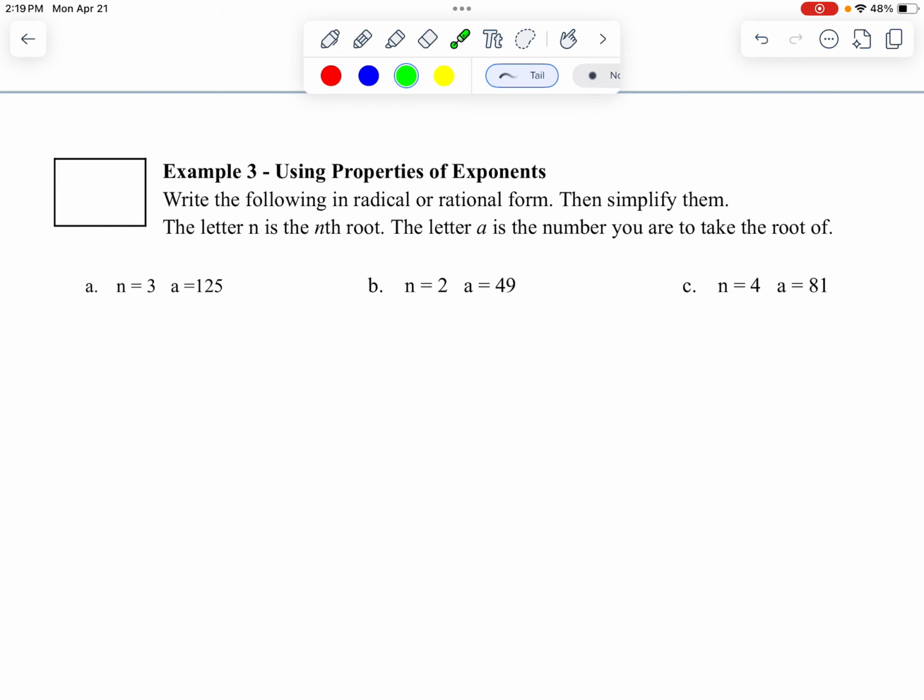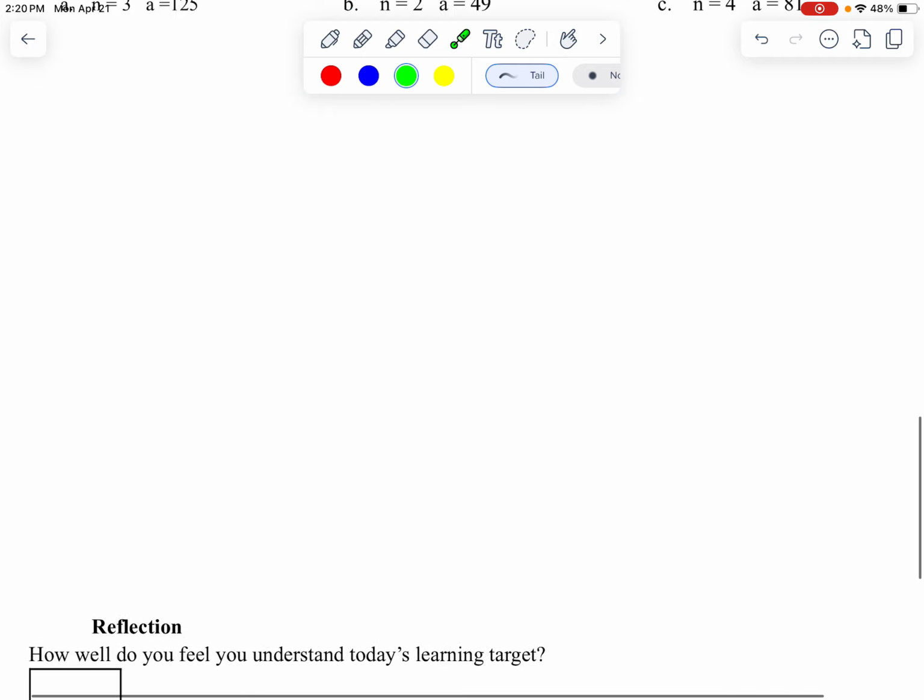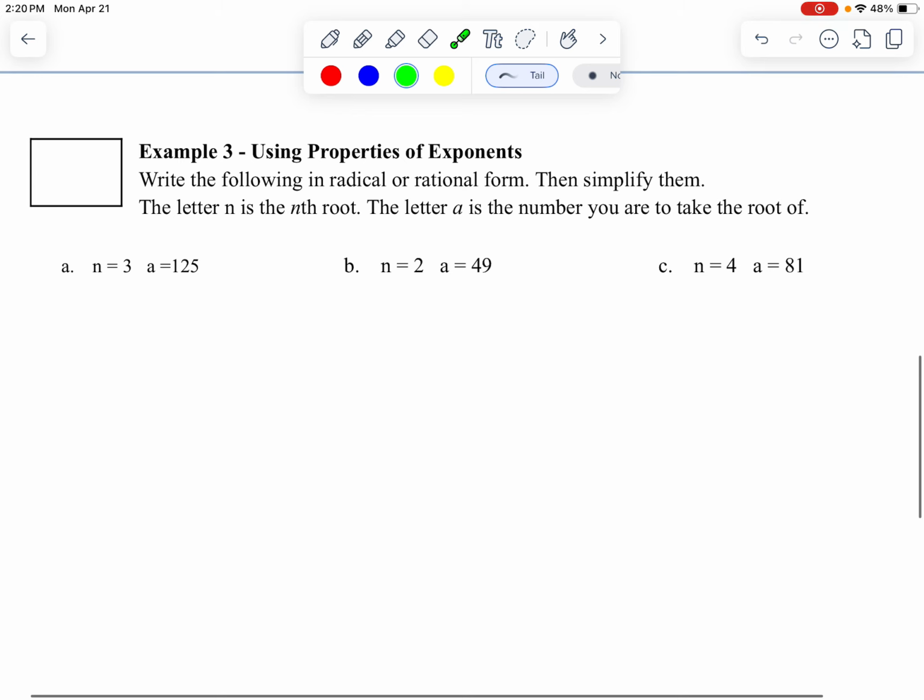So from that perspective, I think the rational form might be a little bit easier, since you actually need to do it and punch it into a calculator and get an answer, but you can do this either way, and I'll write them in both directions. But this is a great place for you to pause and try these on your own, and then come back to this and just double check your work.